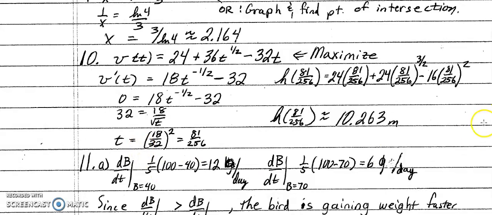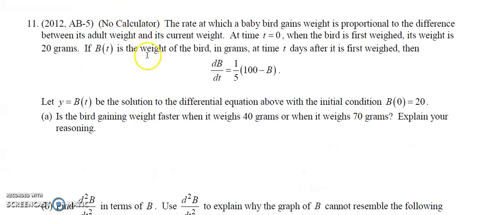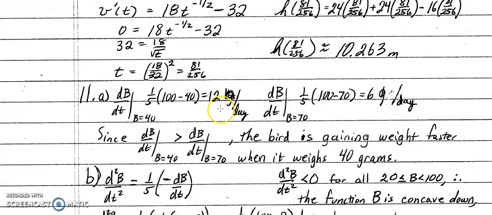So what's the rate of gaining weight? B is the weight, here is the rate of gaining. So at 40 pounds, at 70 pounds, which rate is faster? For B, rate of change of B is faster. Ding, right there at 40.